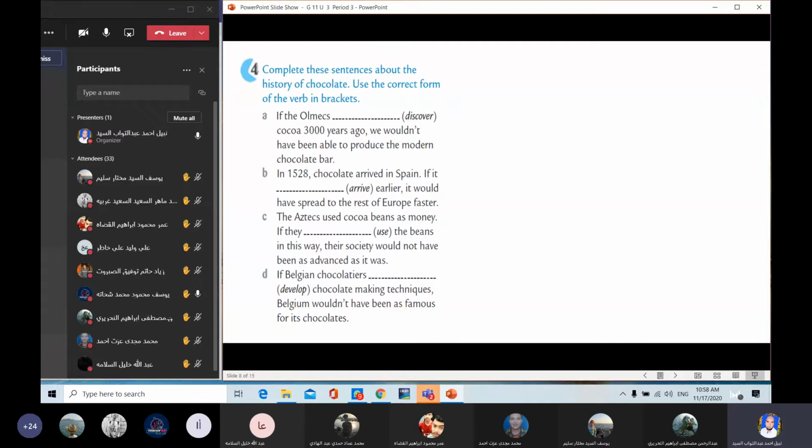What type of conditional sentence is it? Zero, first, second, third. Muhammad Maher. Second. Second, are you sure? Wouldn't have been. No, third. So, which tense do we use in the if clause? Ali Walid, which tense do we use in the if clause?